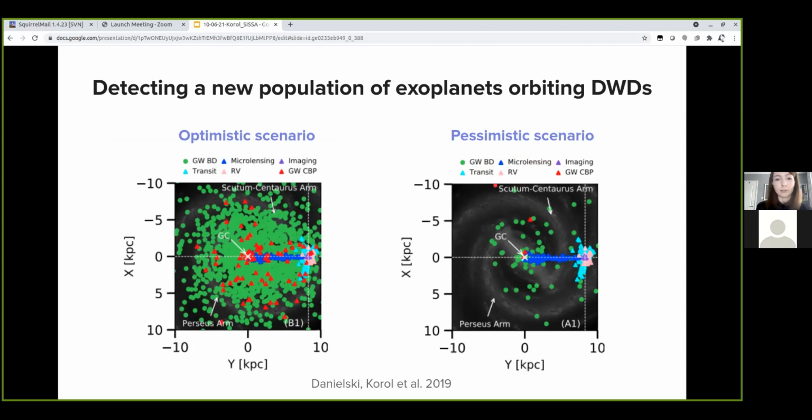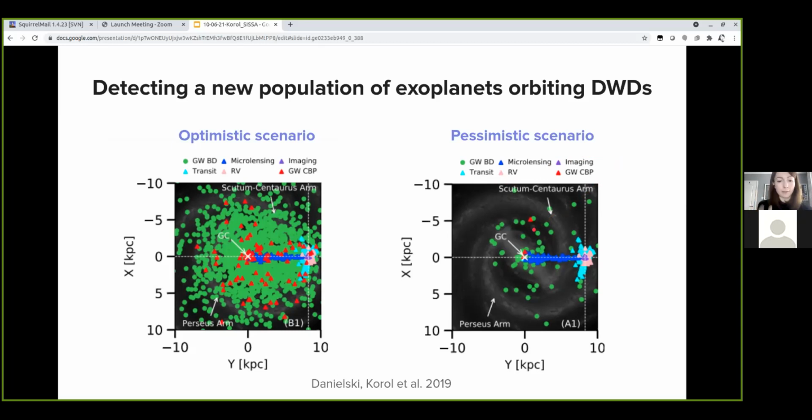So again, you see that we expect from a few to several tens of detections, depending on what recipe was used.